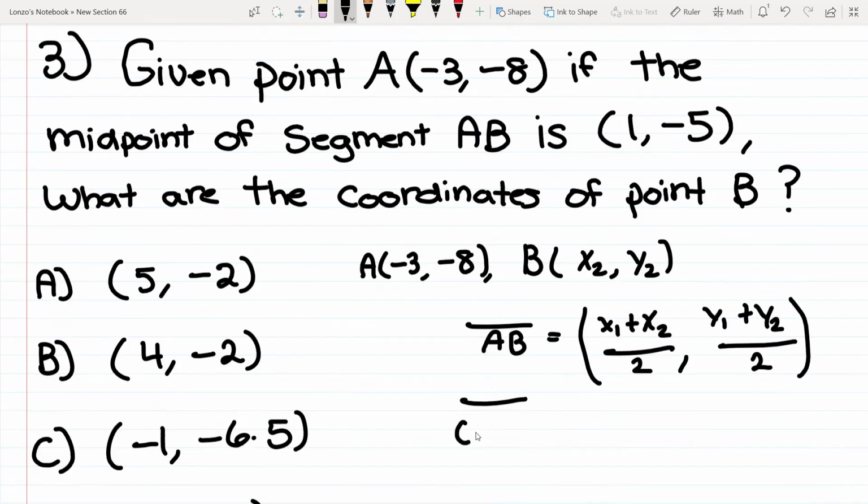So I'm going to write that down. Our goal is to find point B, x2 and y2. So my x1 is -3, so it's going to be (-3 plus x2) over 2, and then my y1 is -8, so (-8 plus y2) over 2.